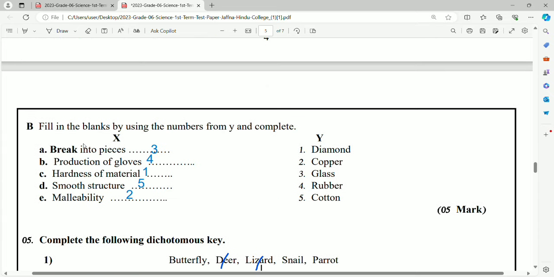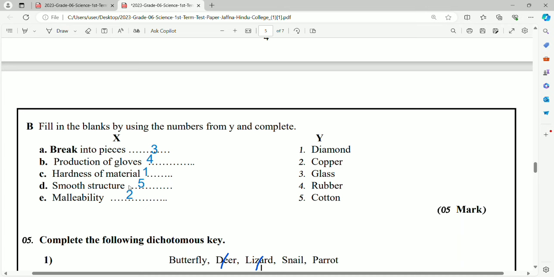Fill in the blanks using the numbers. Breaking into small pieces is known as brittleness. Examples for brittleness: glass and coal. Production of gloss, we use rubbers. Hardness: iron or diamond.